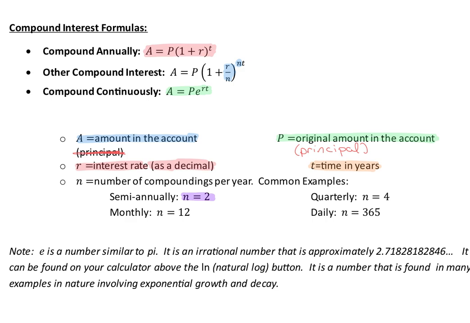Quarterly, this means that we're doing it 4 times. And so n equals 4. Monthly, well, there's 12 months in a year, and so this is going to be n equals 12. And then finally, the last one we have is daily. And there are 365 days per year. And so for this one, n would be 365.